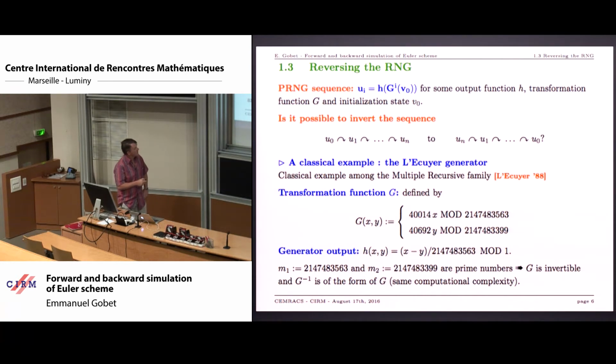For this L'Ecuyer generator, the G has this form. I don't want to enter too much into the details, but this is the specification of the G. And the G here is invertible because of properties of prime numbers. So you can invert the G, and so you can then invert the random generator.